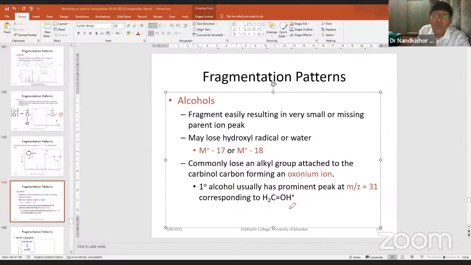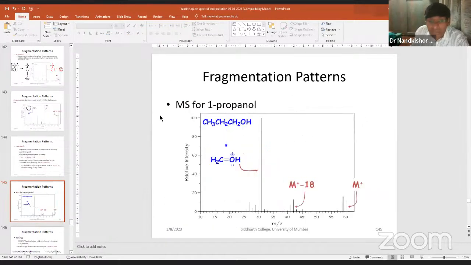Whenever there is an alcohol moiety or the possibility of an alcohol in a molecule, you have to think of this fragment too, or at some point it may lose a water molecule or hydroxyl group. So these are some of the pieces of information to characterize this spectrum.